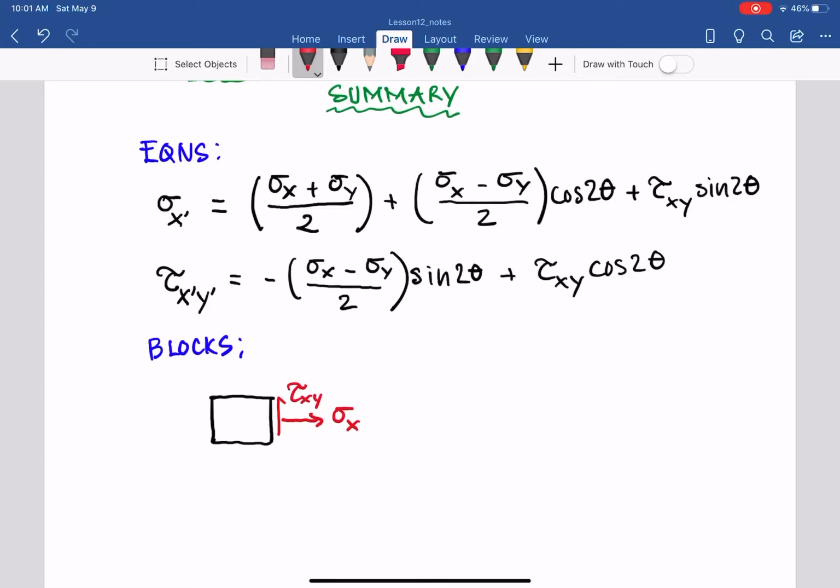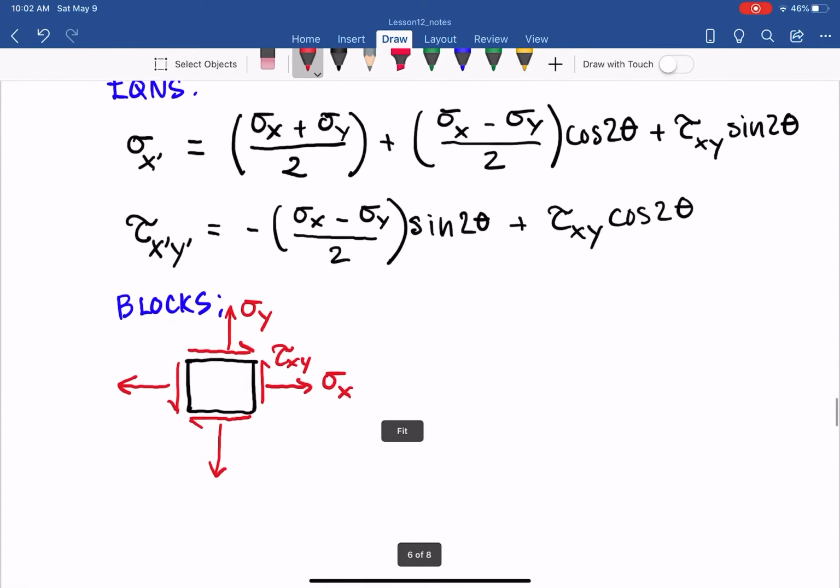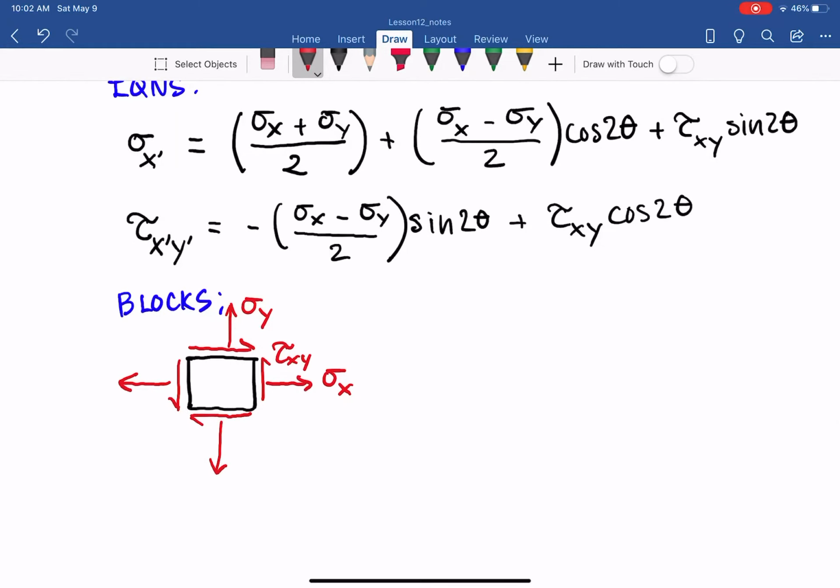And of course, in opposition, to be in equilibrium we'll also have the sigma x and the tau going down to make a counterclockwise rotation, and then we have sigma y opposite. To make equilibrium we need the other tau, which is the same as tau xy, but if you recall, we call it tau yx.